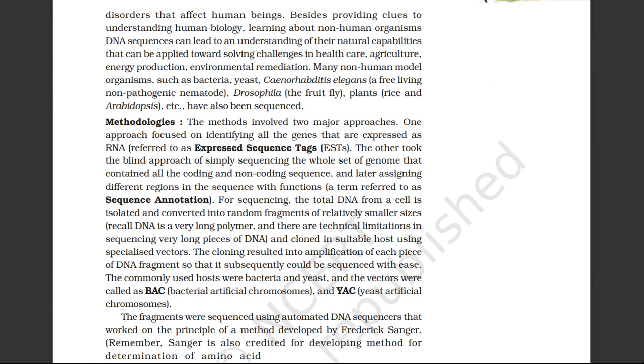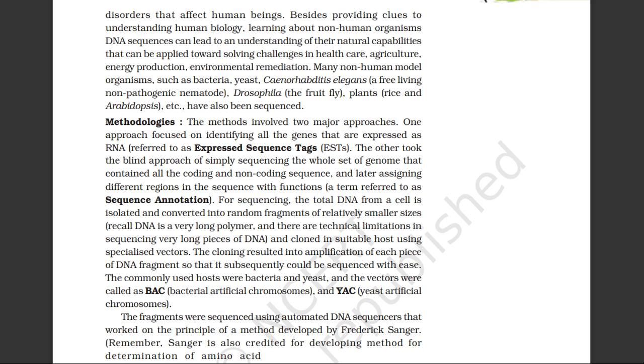One approach focused on identifying all the genes that are expressed as RNA, referred to as expressed sequence tags, ESTs. The other took the blind approach of simply sequencing the whole set of genome that contain all the coding and non-coding sequence, and later assigning different regions in the sequence with functions, a term referred to as sequence annotation.